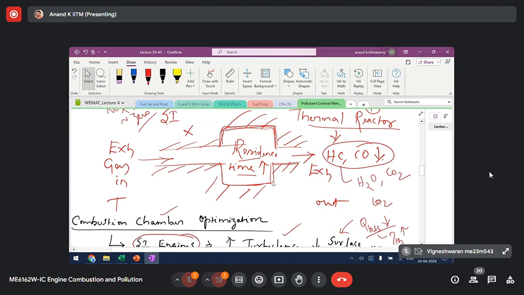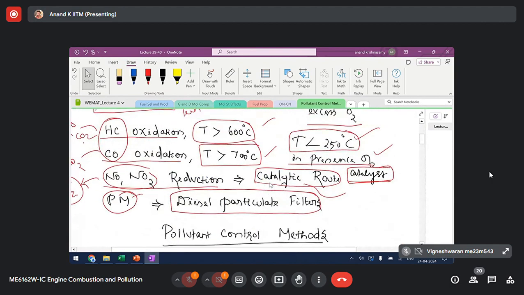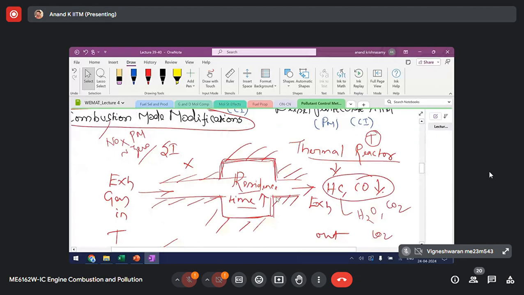We have already discussed the oxidation temperature. If you look again, the temperature you need is around 600 degrees and above for HC oxidation, and around 700 and above for CO oxidation. We are trying to create that ambience here in the thermal reactor, thereby trying to control HC and CO.